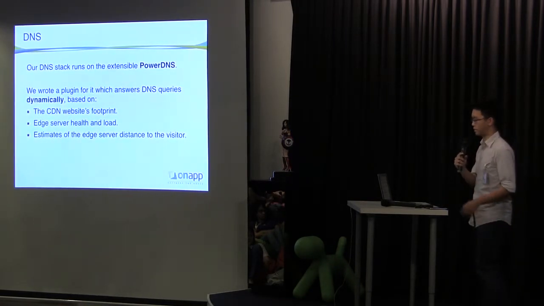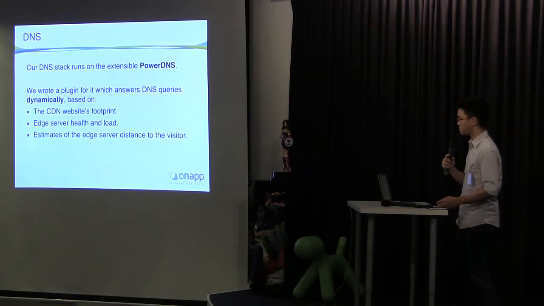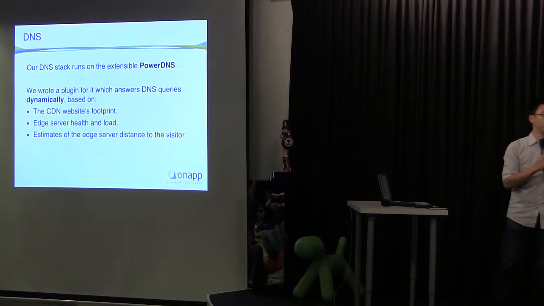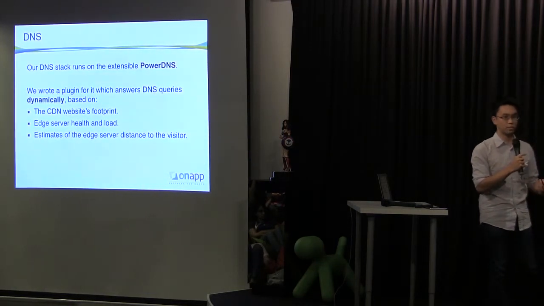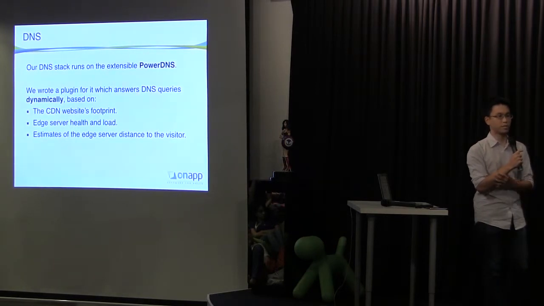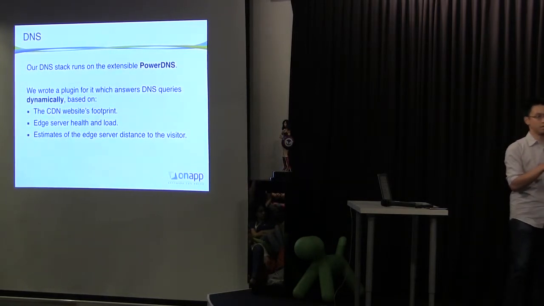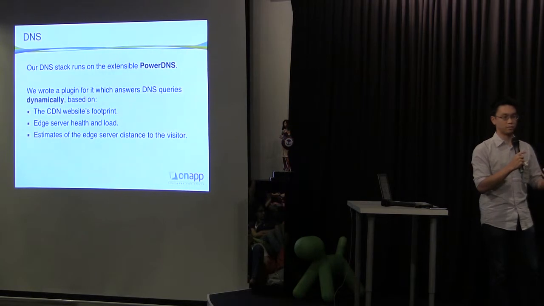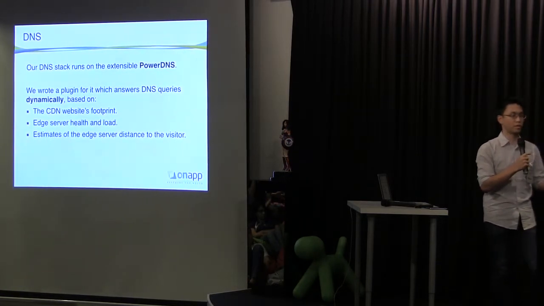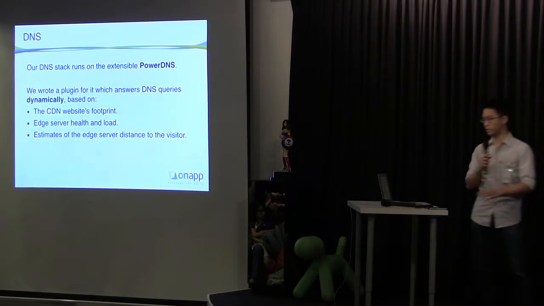So we need to estimate this distance, and we do this with Maxmind IP geolocation, and also we have a latency model where we ping many IPs around the world from our edge servers and use some machine learning to build a model to try to estimate what's the ping from the edge server to the end user.